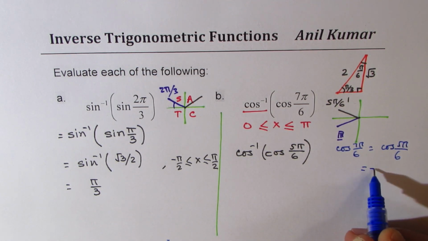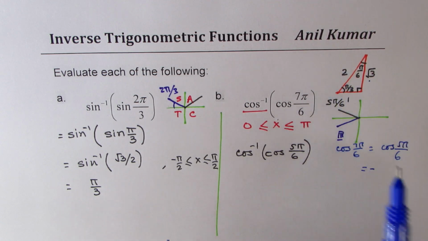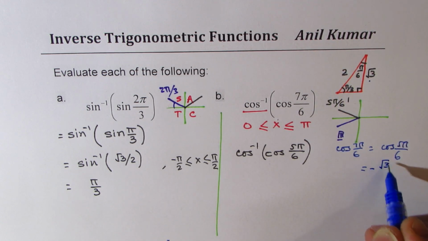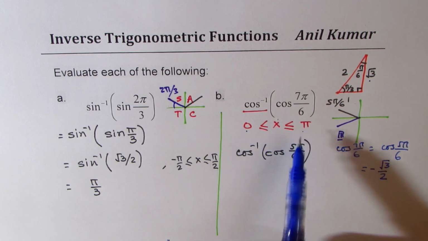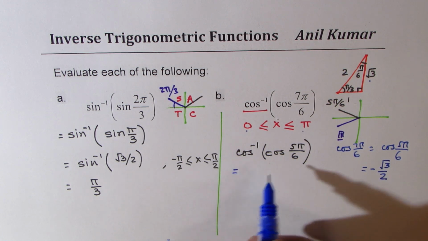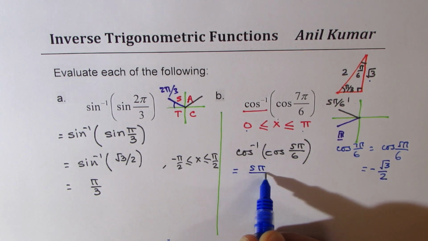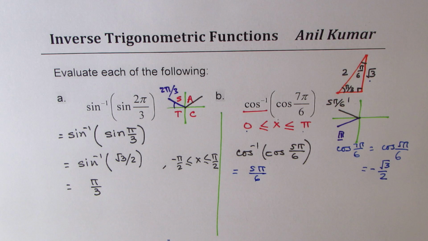Both are equal to minus square root 3 over 2. Now x value is between 0 to pi, and therefore I could write 5 pi by 6 as my answer. You're getting my point, right?